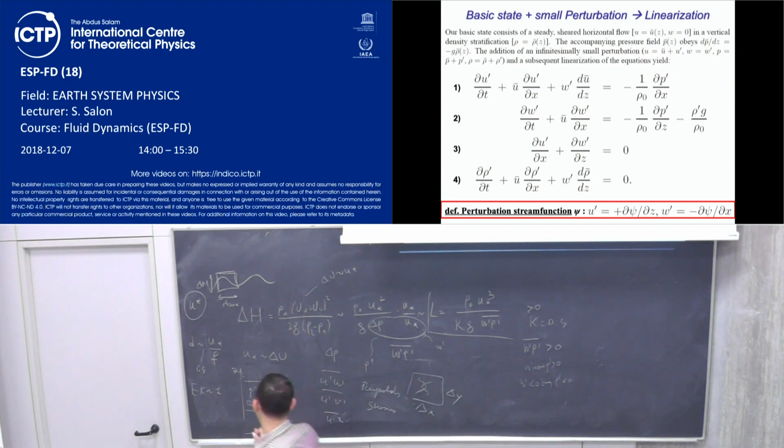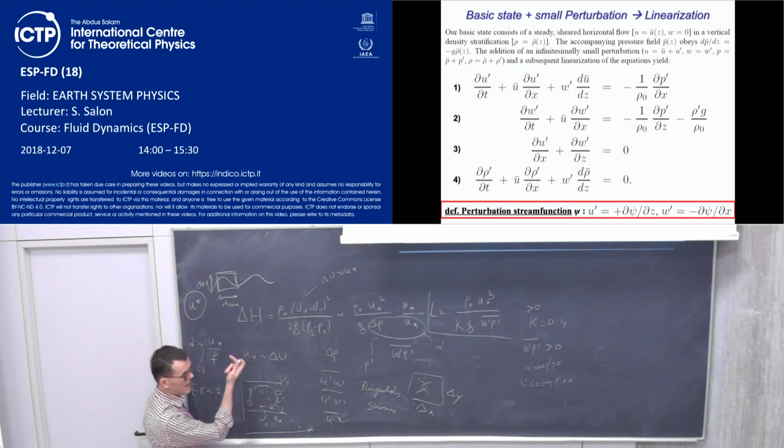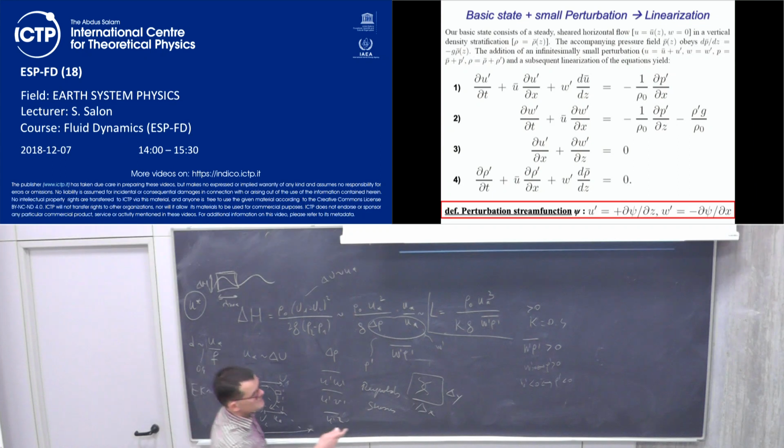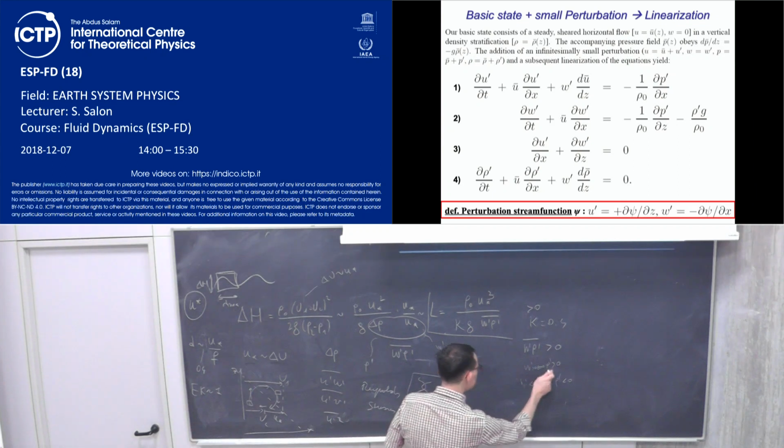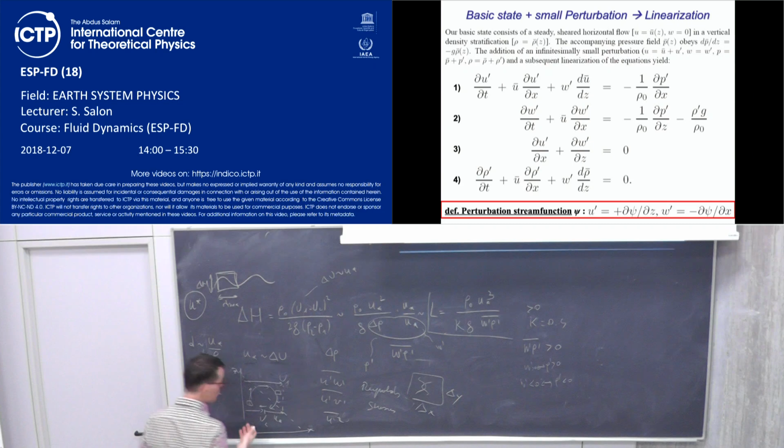So a parcel with positive vertical velocity perturbation, which means it is going up, will bring density which will be larger than the mean, so with positive perturbation, which means exactly bringing heavier fluid up, and the contrary on the other side.